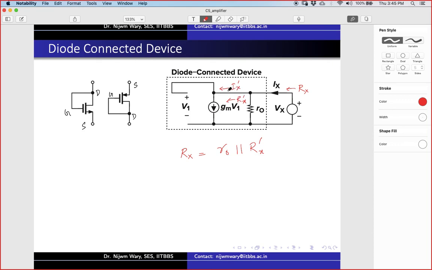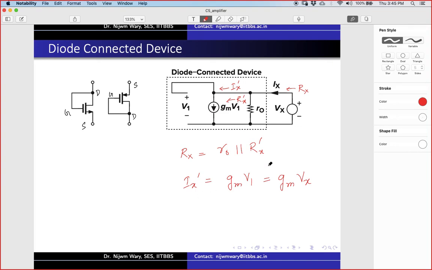So what is this Ix dash? It is GMV1, right? And V1, if you see, V1 is here to here, so it is the same as Vx because it is shorted. So it is GMVx. You can try to analyze it yourself at home. It's quite simple, no big deal in that.